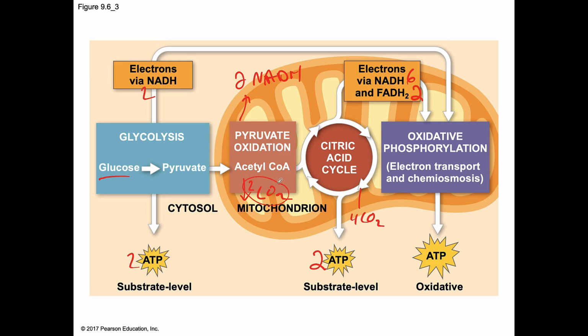So there's 2 from here, 4 from there. That's all 6 carbons from the glucose. That's completely broken down. All we have left is our NADH and FADH molecules, which are all going to move into this inner membrane of the mitochondria to go through this process of oxidative phosphorylation. And then this is going to produce 28 ATPs.